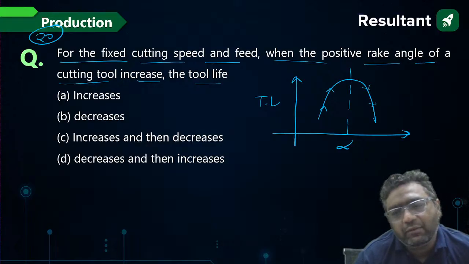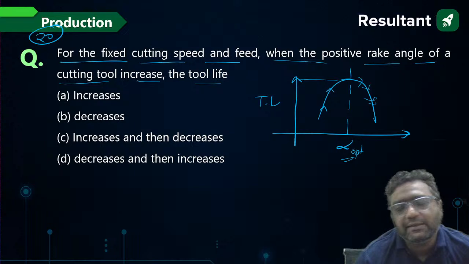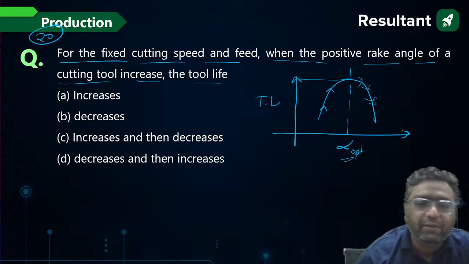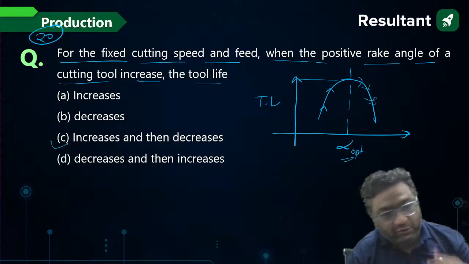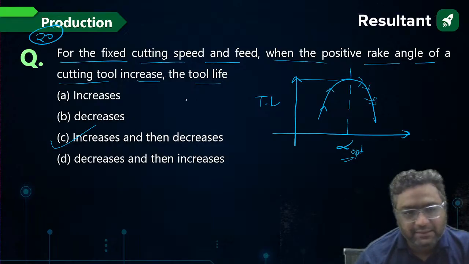After alpha optimum, if you further increase, the tool will become so sharp and weak that it will itself get broken. So answer is first increases then decreases. Answer is C for this.